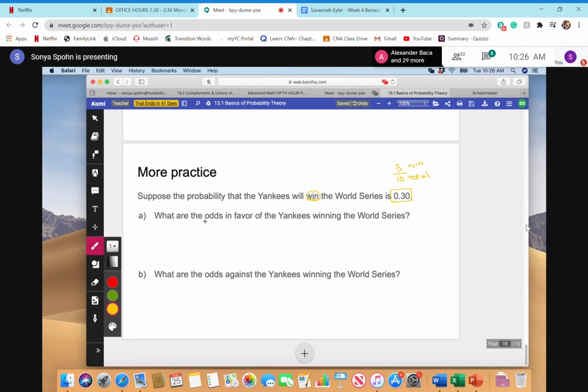So A says, what are the odds in favor of the Yankees winning? If we're doing the odds for this, we are doing in favor of winning over not winning. That's what this is asking us to do. The odds in favor of winning.